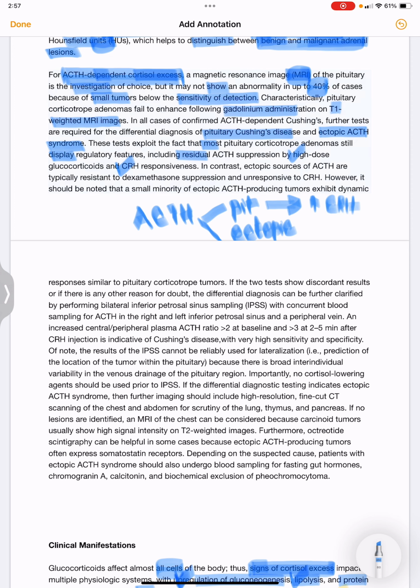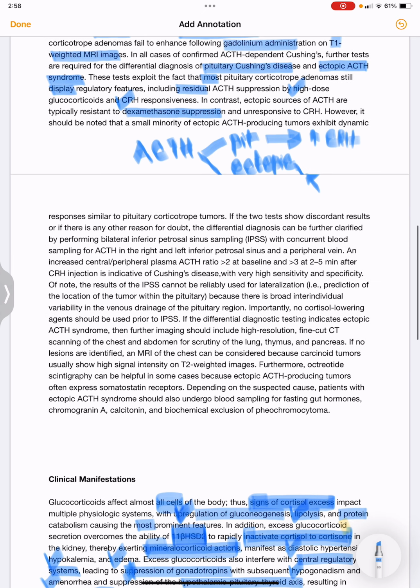But if we take the ectopic source of ACTH, it is resistant to dexamethasone suppression and unresponsive to CRH.